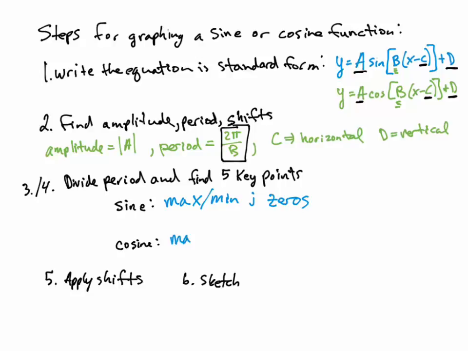So for each of these, we need to find the max and min values and then what the zeros are. And then any horizontal or vertical shifts, we apply those to the key points, and then we come up with a sketch of the graph. So the second part of this video is just applying these 5 steps to a series of different examples.